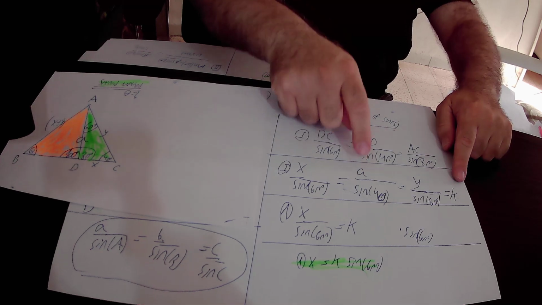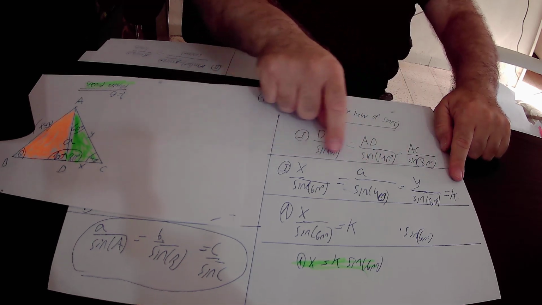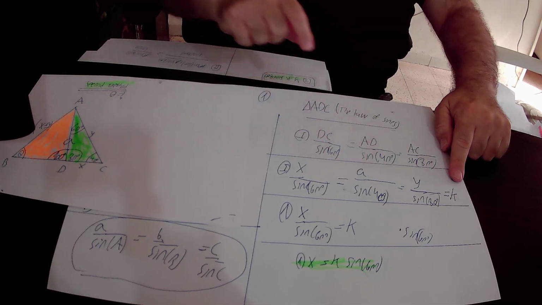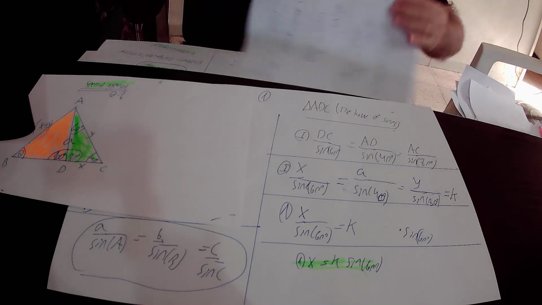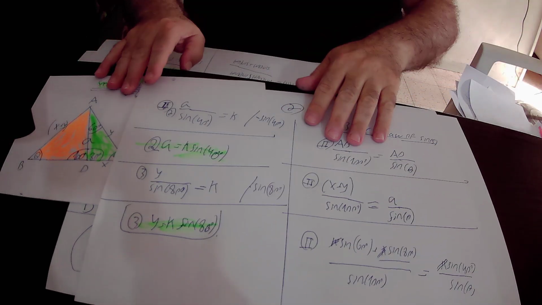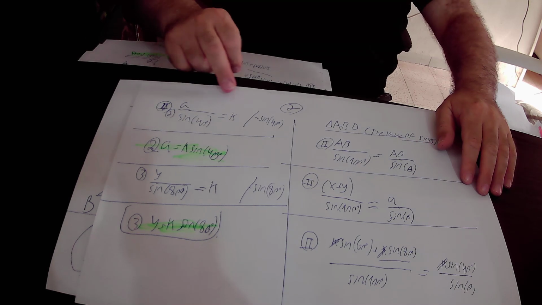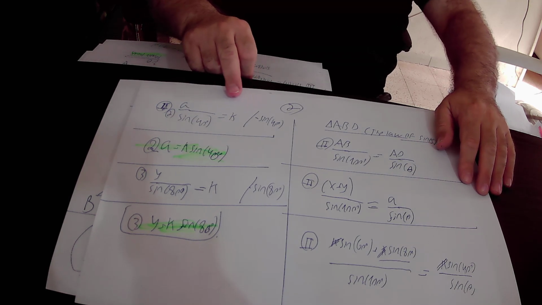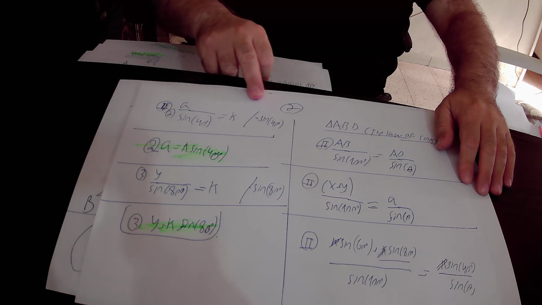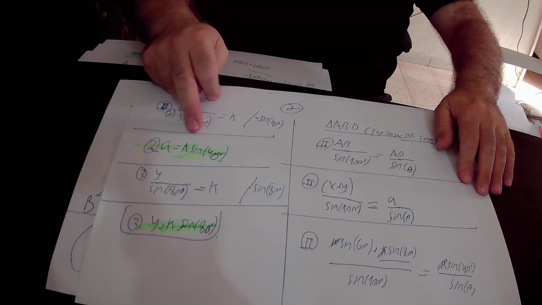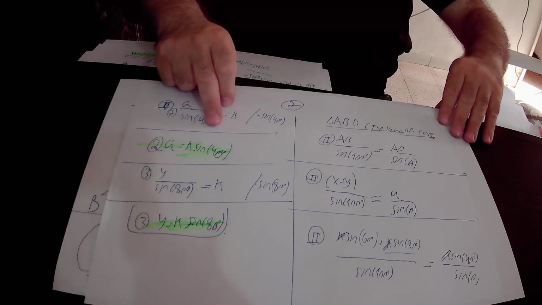Then we derived the second equation from this longer equation. Those two expressions are equal to each other. That is to say, a over sine 40 degrees equals k. We multiplied this equation by sine 40 degrees and found out that a equals k times sine 40 degrees.